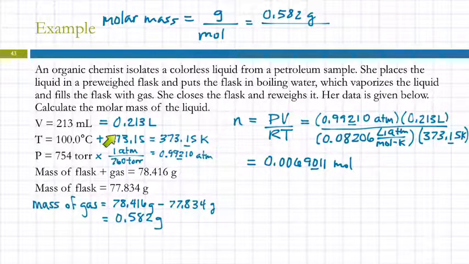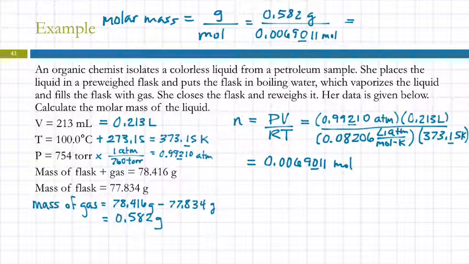This is a lot smaller than that, so we should expect our moles to be a lot smaller than 1. So there's my number of moles. I can plug that into this equation up here, 0.0690011 moles. And you can have that in scientific notation, that's fine.